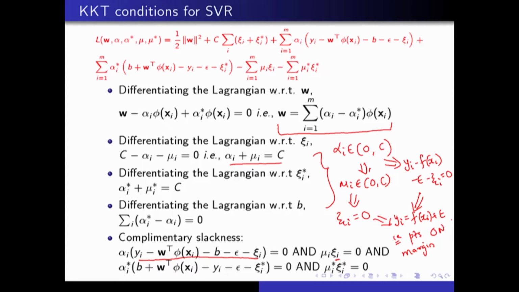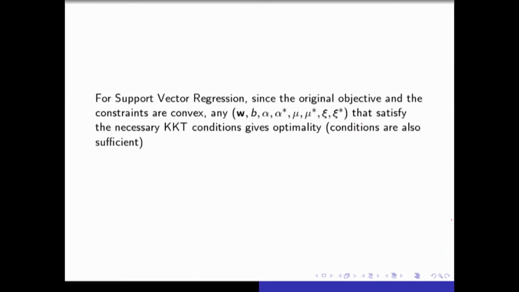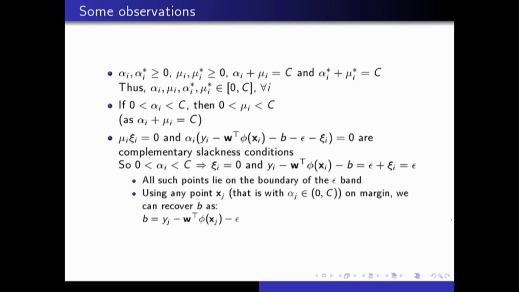Similarly, you can argue for points with alpha_i star that lie strictly in the open interval 0 and C. You already discussed that for SVR with convexity conditions, the KKT conditions give optimality as sufficient conditions as well. So what we are talking about is optimal solutions.